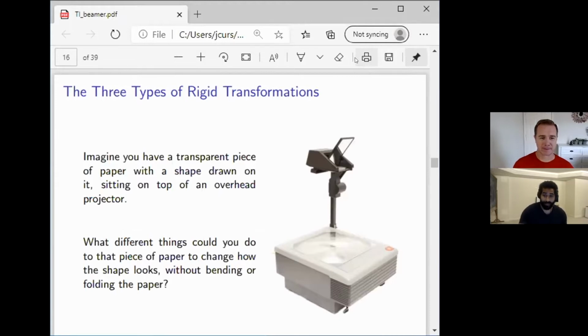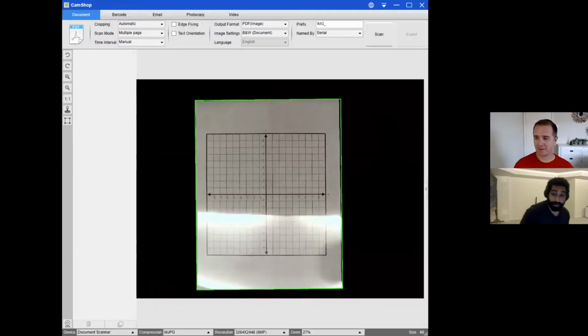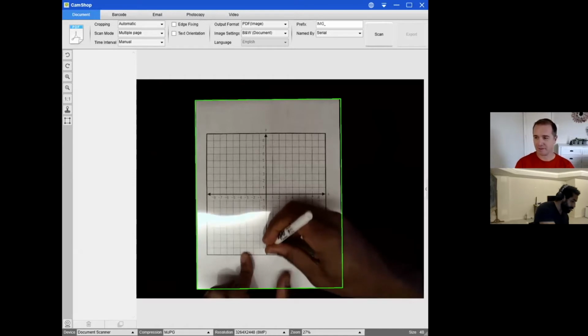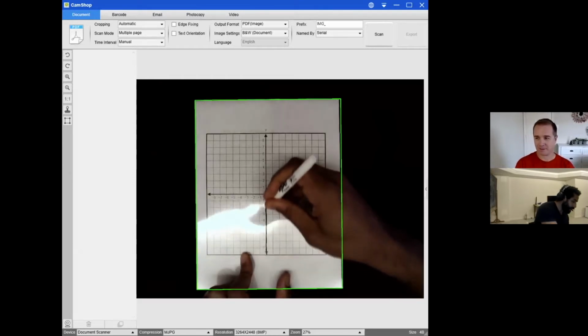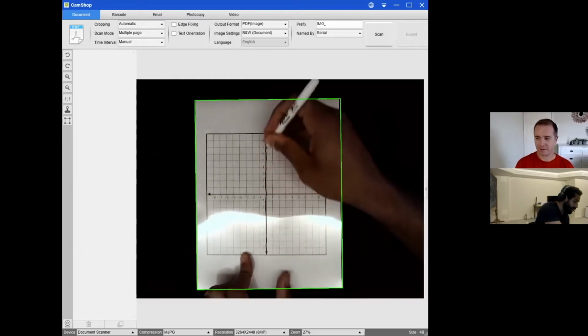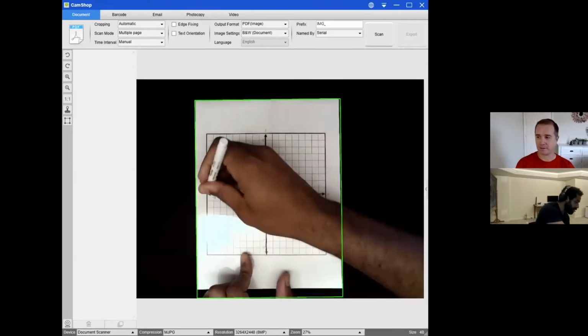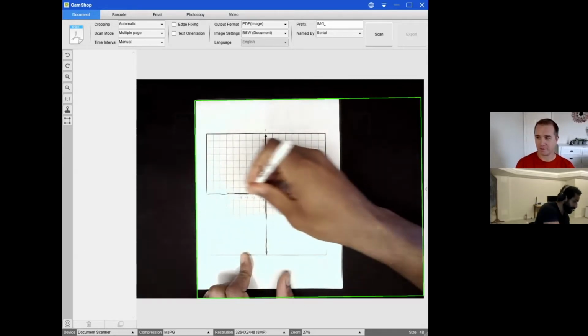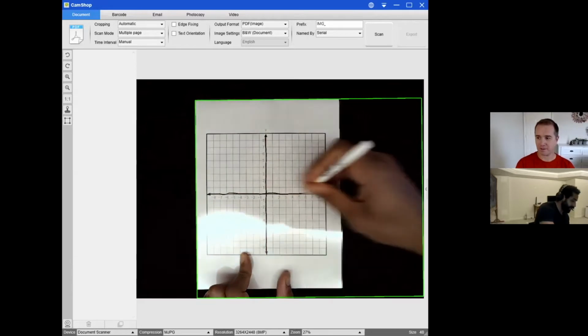So I actually have an overhead, which if you were with me last time, you know, so I'll share that with you guys. Let's think about some of the different things we can do. So here's the overhead. First, we have to draw something. First I'll just go over the X and Y axis so we can see what happens to that. And next, we have to draw a shape.